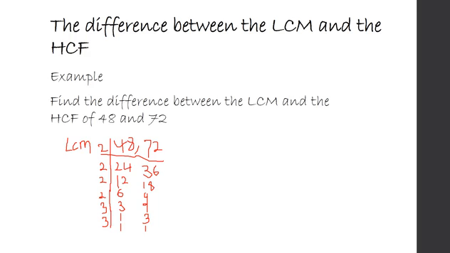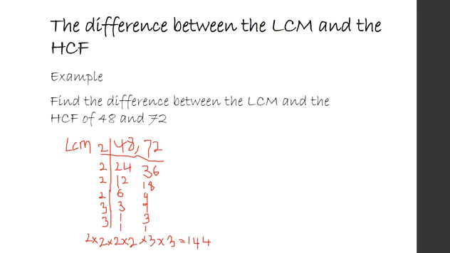So the LCM is now 2 times 2 times 2 again times another 2, right, times 3 and times 3, the last one. The total answer, if you multiply them, you'll be having 144. This is for the LCM.